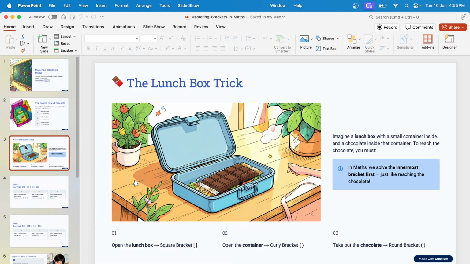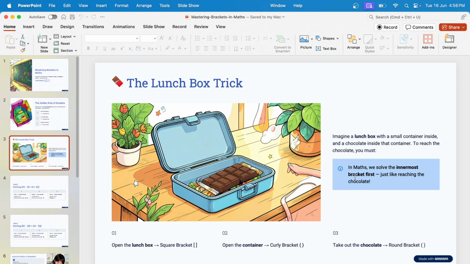Let's take one interesting example, the lunch box. Imagine a lunch box with a small container inside and a chocolate inside that container. To reach the chocolate, what will you do? First of all, you open the lunch box and then open the container, and then you get the chocolate. But in maths, we solve the innermost bracket first, just like reaching the chocolate.